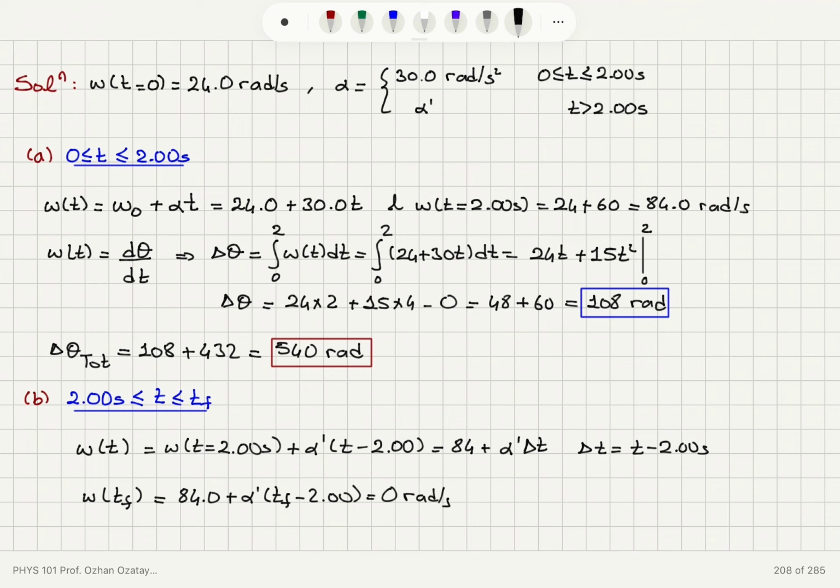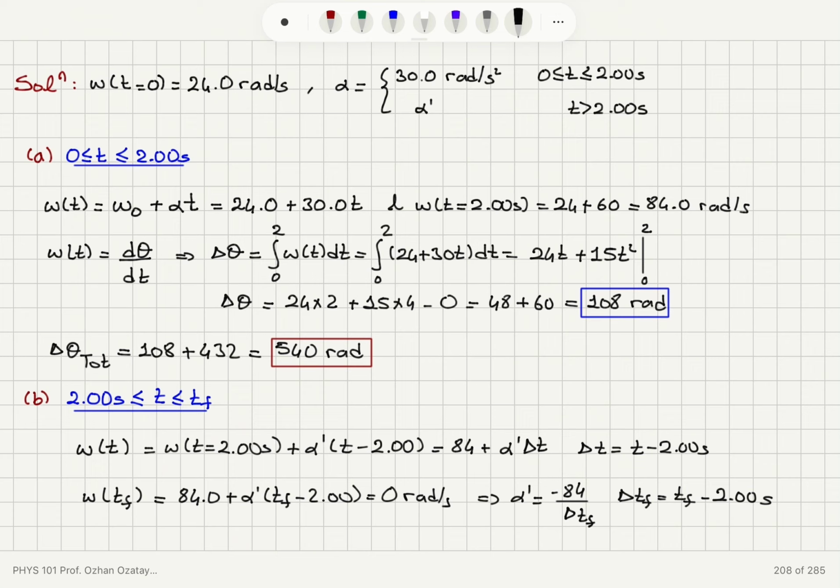Why? That's when it stops. So what do we see for alpha prime? We have minus 84 divided by delta t final. So delta t final is t final minus 2.00 seconds.